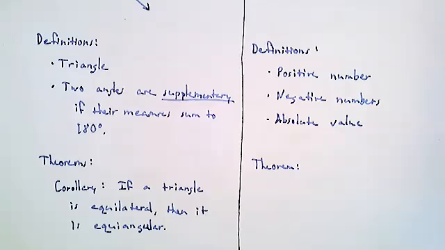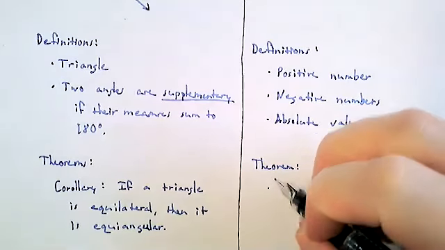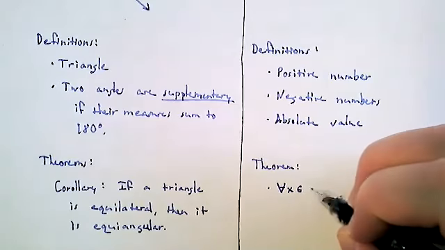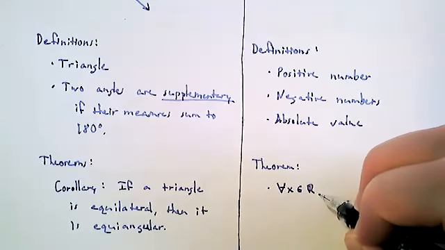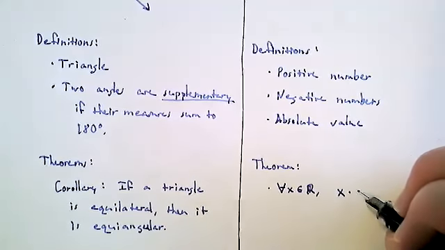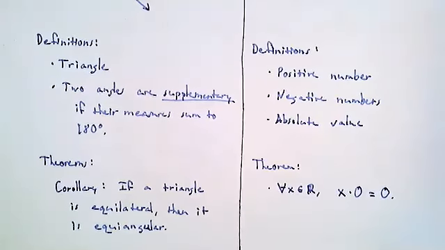So maybe let's talk about some other theorems in real numbers. You can write them symbolically, like this one, that says for all x in the real numbers, x times 0 is equal to 0.